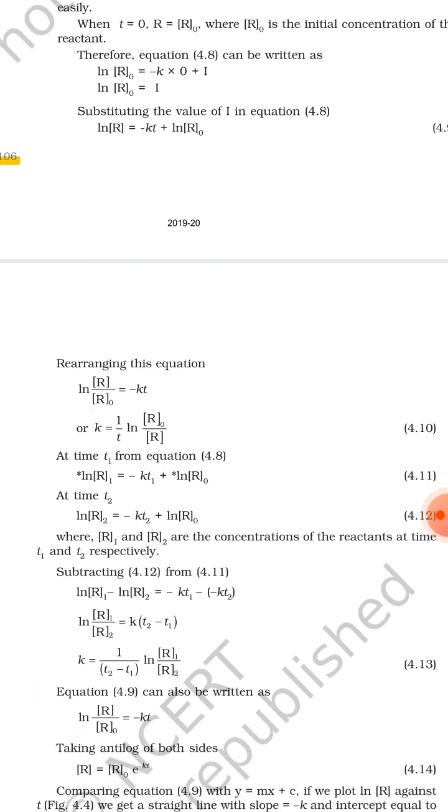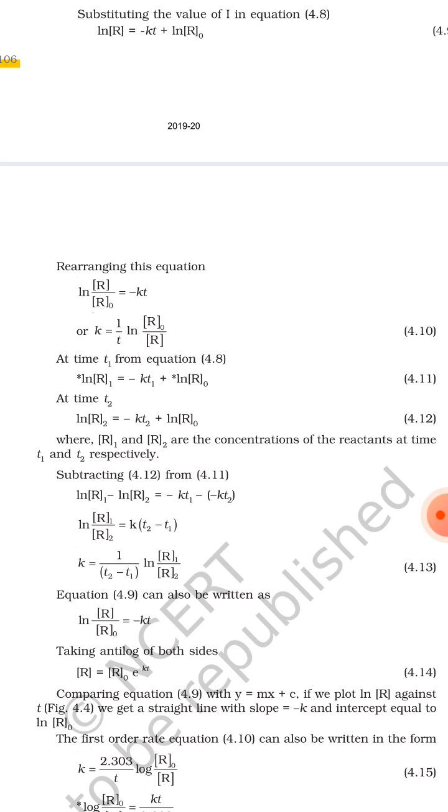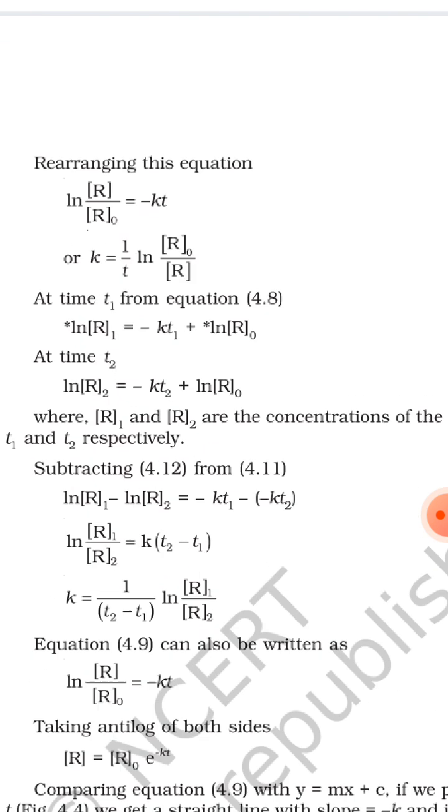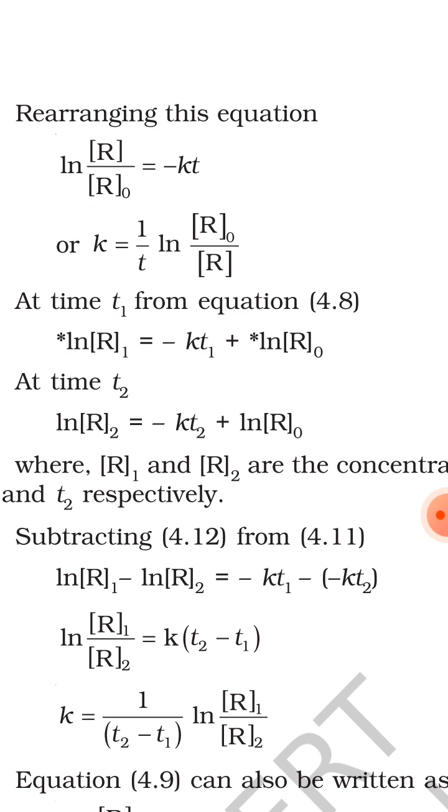Then rearranging this equation we get k equal to 1 by t ln[R]0 upon [R]. See, there is a difference: in the earlier equation this negative value was there.